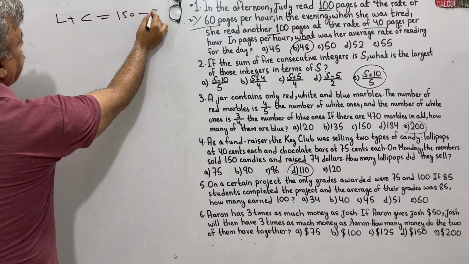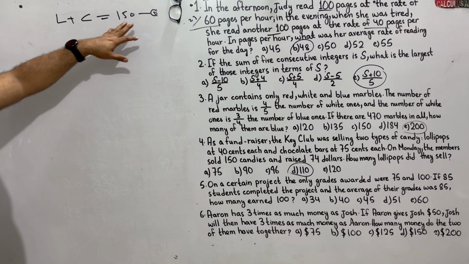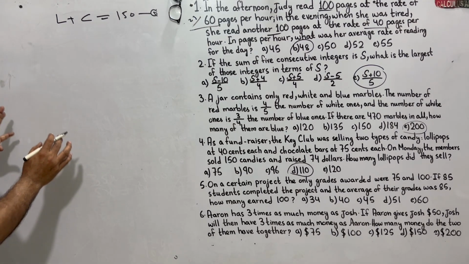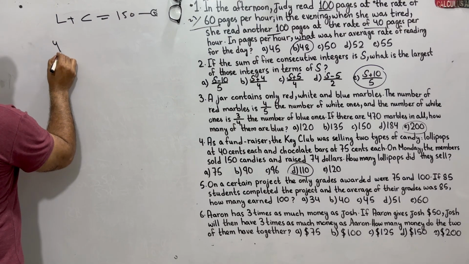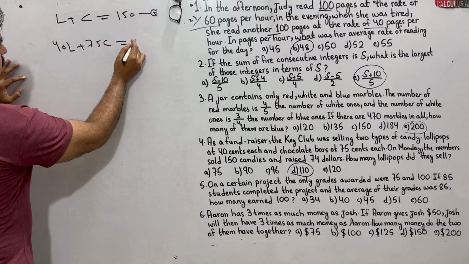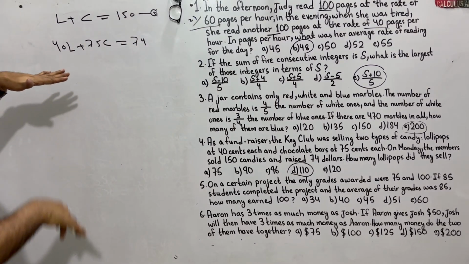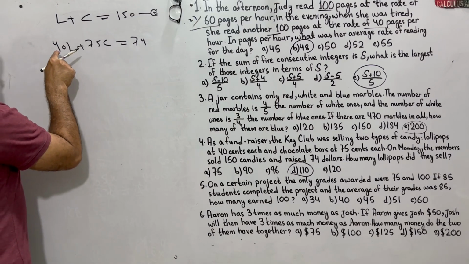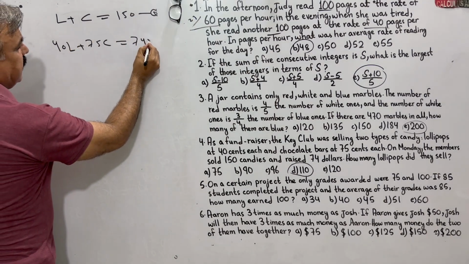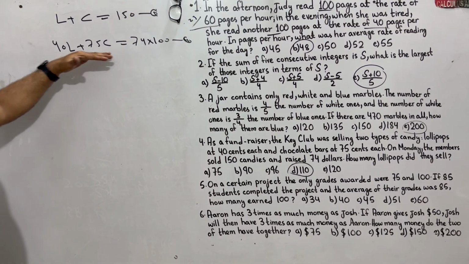Number of lollipops L, number of chocolate bars C, they are total 150. Revenue wise, a lollipop costs 40 cents and a chocolate bar 75 cents, and we have raised only $74. Both are in cents, so multiply this with 100 in order to make the units parallel.